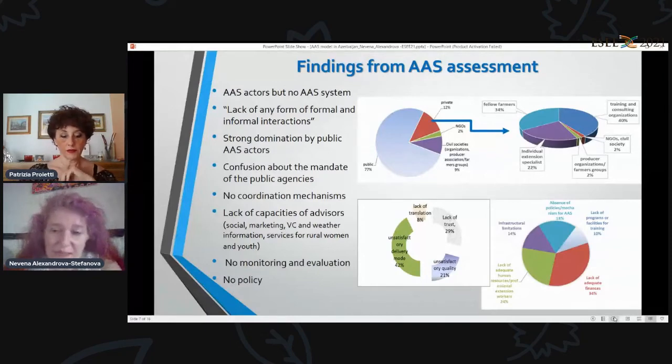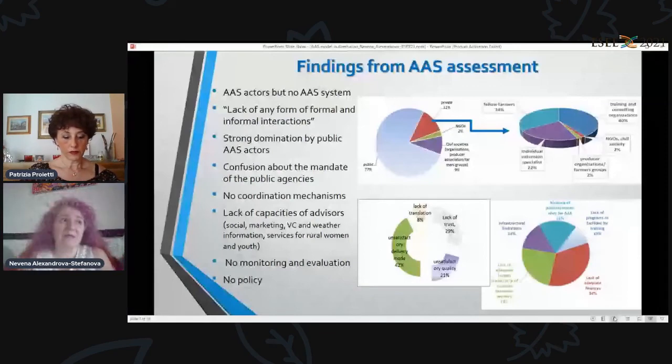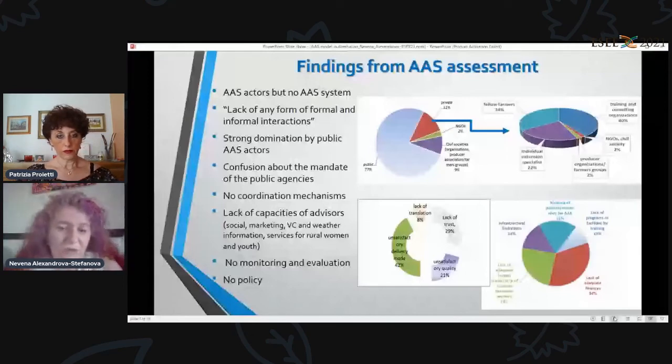That's an interesting situation. Actually, 10 years ago, the situation was quite different. There was an attempt to rely on private advisory entirely through a project brought by the World Bank, a 10-year-long project that aimed at generating a lot of private sector actors like non-governmental organizations, and gradually increasing the paid service.